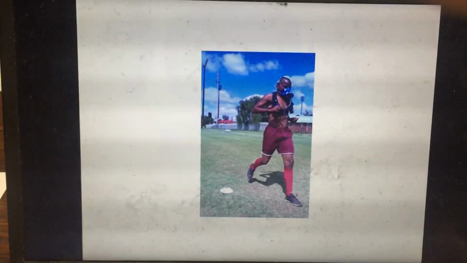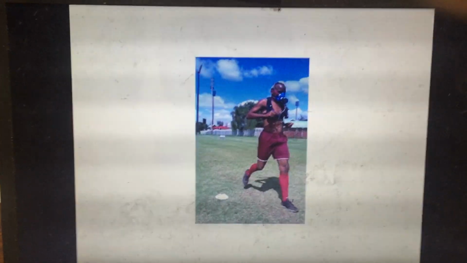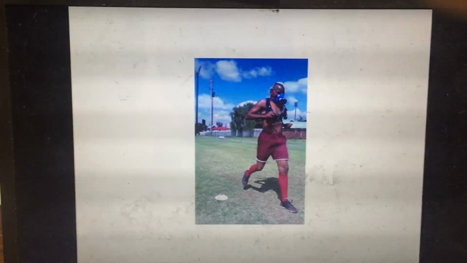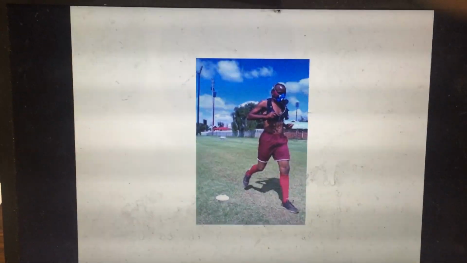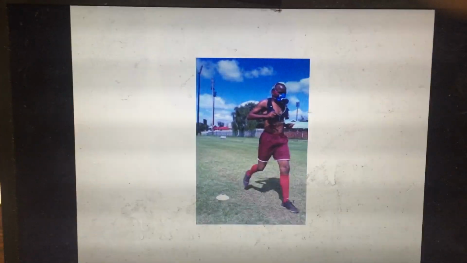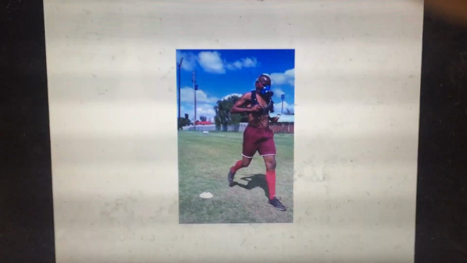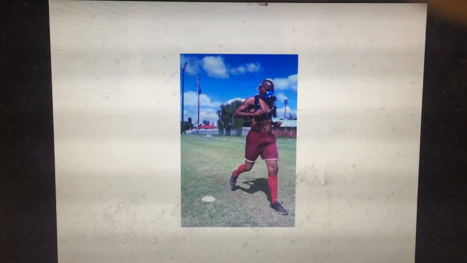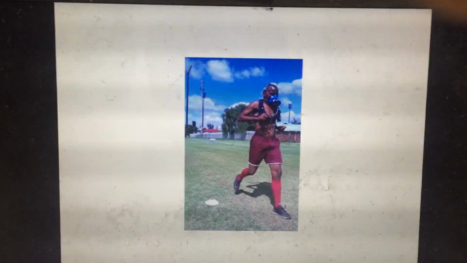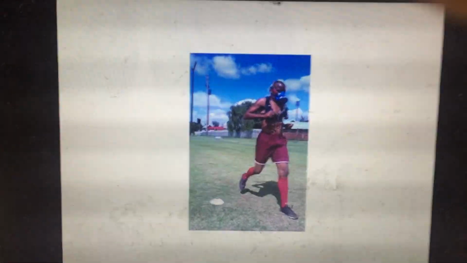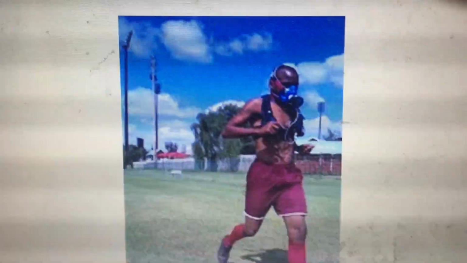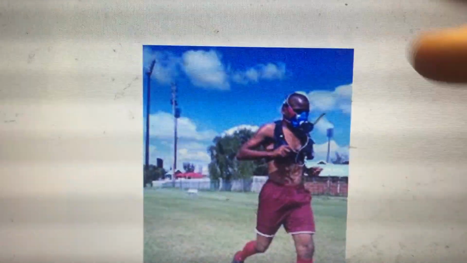So we've done a number of studies where we've assessed the glycemic index of carbohydrates that are consumed before exercise performance. We focused a lot of our research on soccer players. This shows a soccer player wearing a portable metabolic cart.